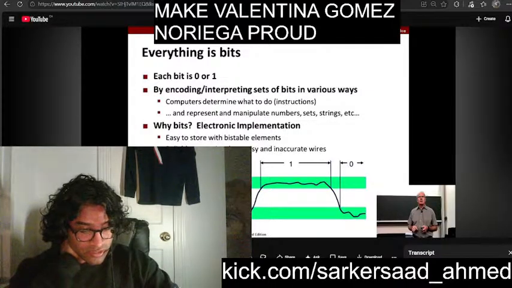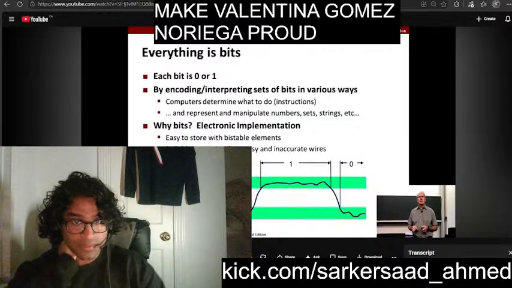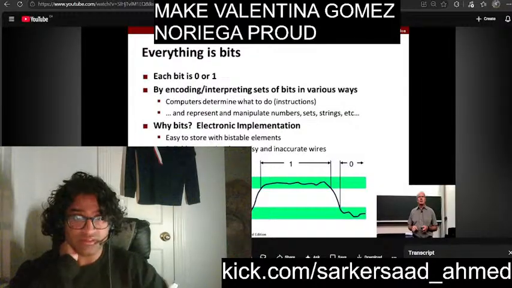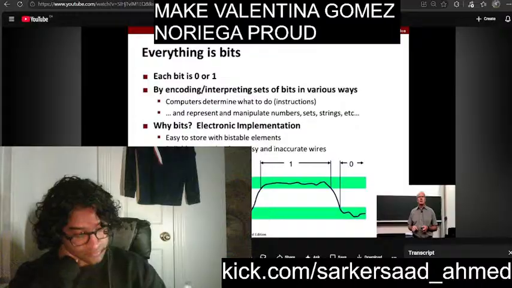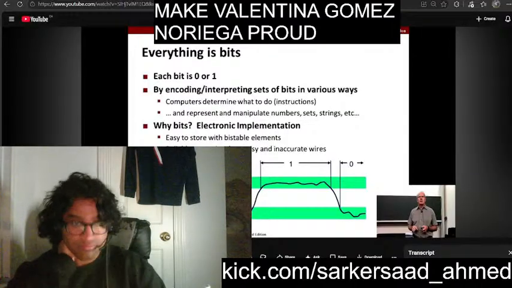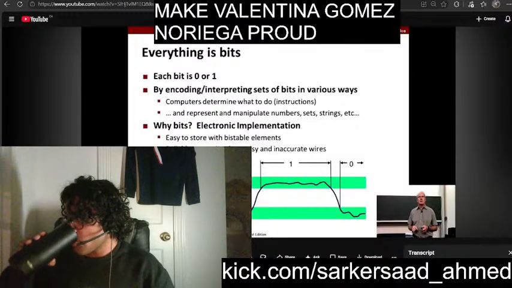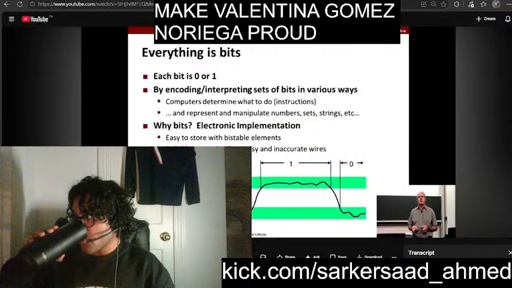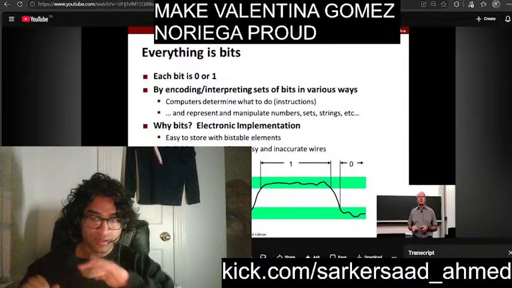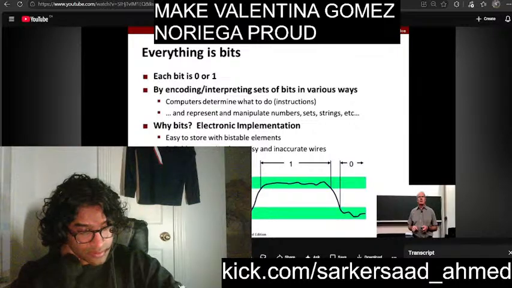So this region here is 1, and this region here is 0. And this will also be 0.